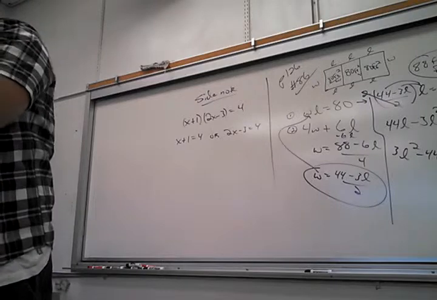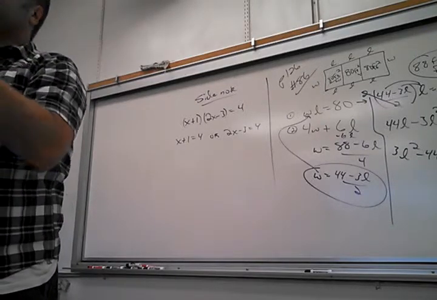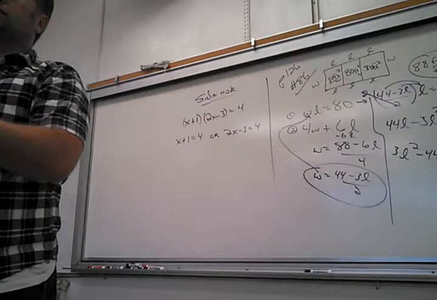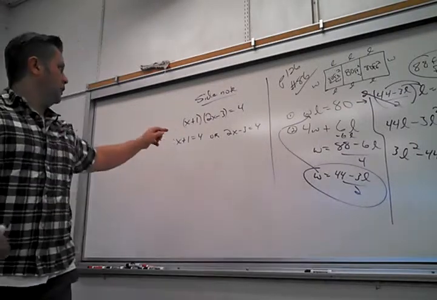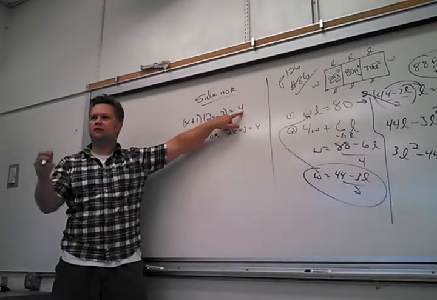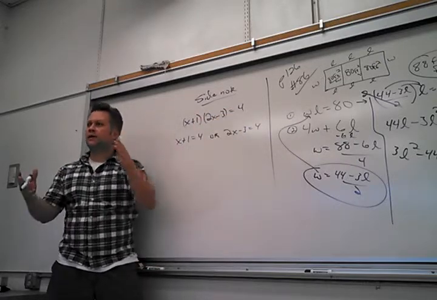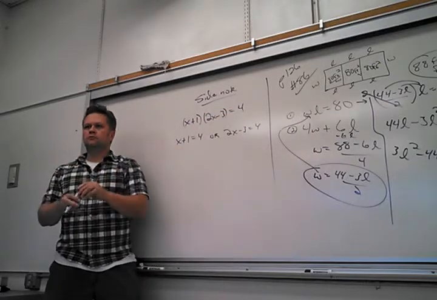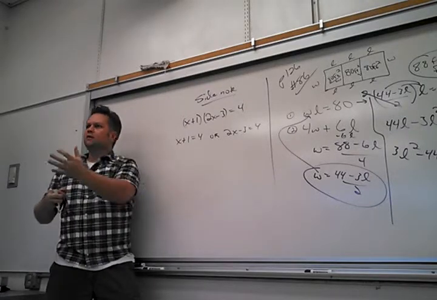Does one of them have to be 4? No. Does one of them have to be 2? No. Does one of them have to be anything? No. Right? You guys with me? There's an infinite number of answers to this. There's no specific thing. The only number here that makes it specific is 0. If 2 numbers multiply to 0, one of them's got to be 0. The only way you can multiply to 0 is if one of the things you multiplied was 0.